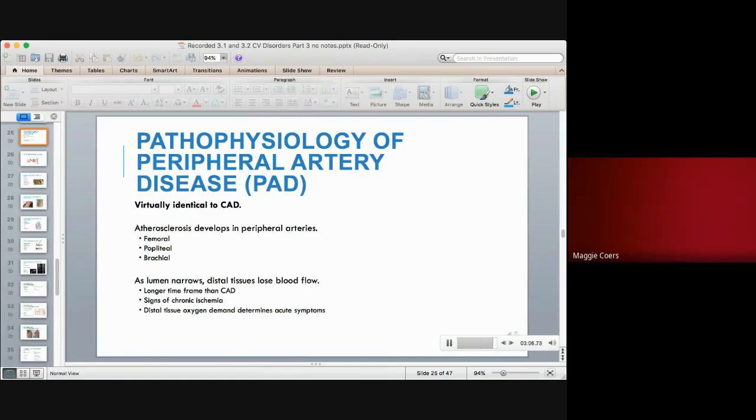Remember, we talked about this with angina. So they won't have a high oxygen demand, they'll have no pain. But when the patient becomes much more active, they have a higher oxygen demand, and the patient starts to have pain. So if peripheral artery disease affects the lower extremities, the patient's going to have leg pain. If it's coronary artery disease, the patient's going to have chest pain.